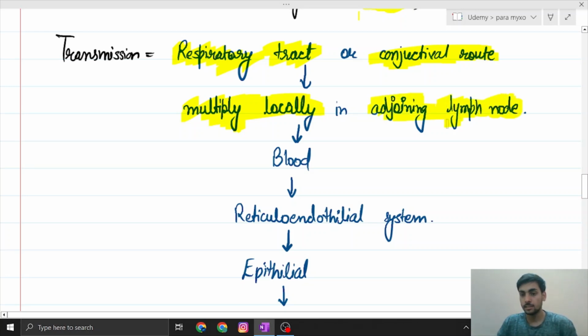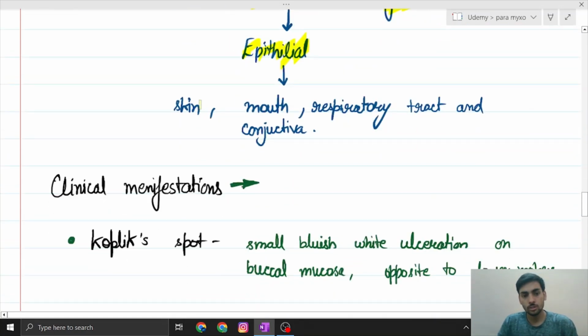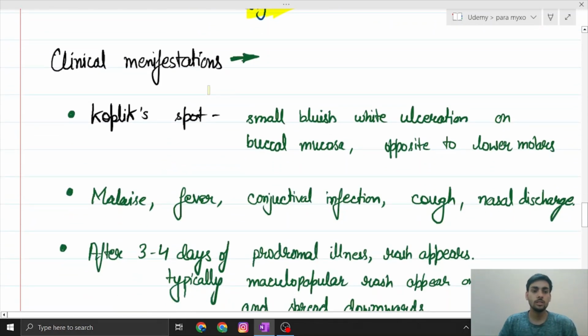Our body has lymph nodes in various parts, and it can move there and multiply. From there, it can move to the blood, which can cause viremia. From there, it can go to the reticuloendothelial system, and then to the endothelial system. After it reaches the endothelium, it will cause skin infection, mouth infection, respiratory tract infection, and conjunctival infection also.